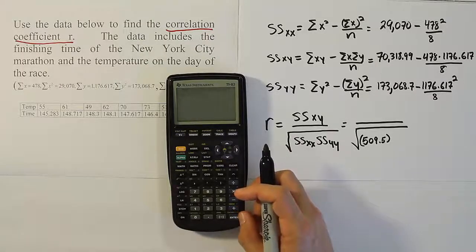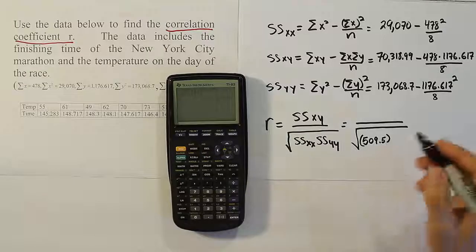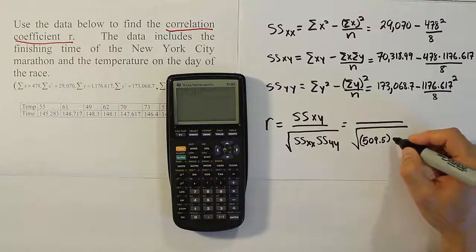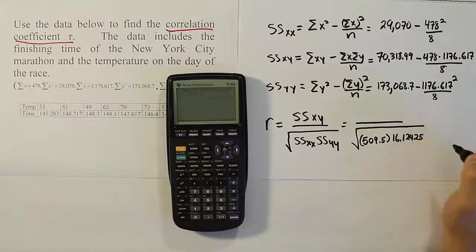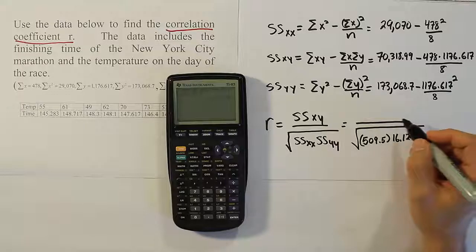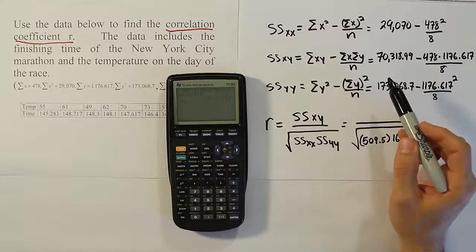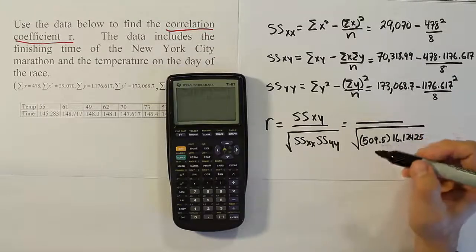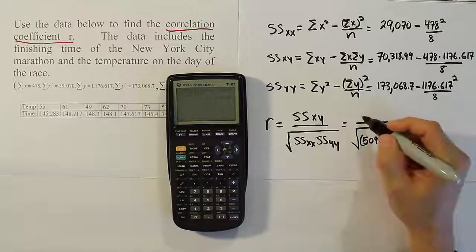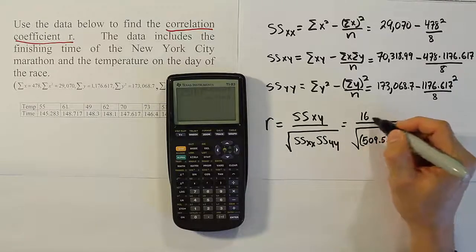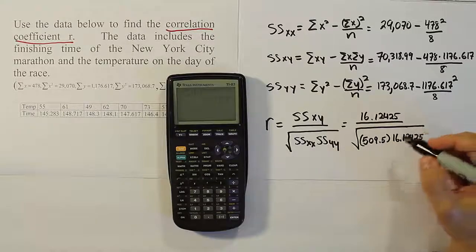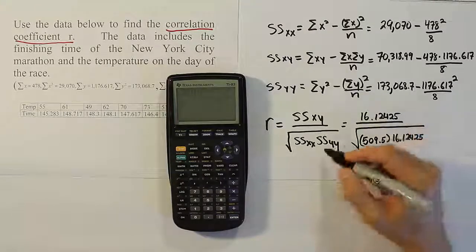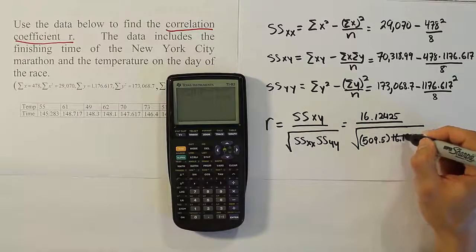And when you're done, you get the value 16.12425. Oops, I'm sorry, that was our sum of square for xy. I almost put that answer in the wrong place there. That'd be 16.12425 on top.